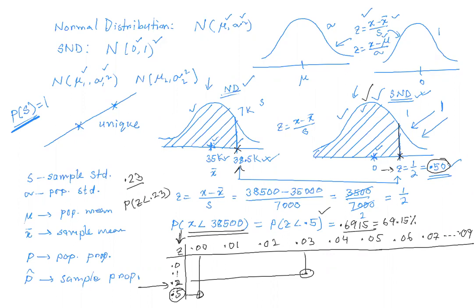Now I'm going to give you an example. I want you to spend a little bit of time, and I'll be doing the problem for you too. I want you to find this probability, exact same numbers. Probability of x less than $49,000. Probability that somebody makes less than 49,000.